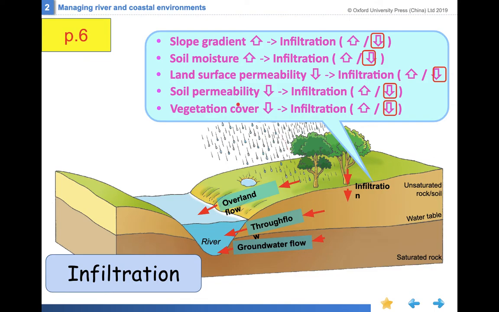If there is less vegetation cover, there is a very smooth surface on the land, and the water will flow very quickly back to the river. So if the vegetation cover decreases, the infiltration rate will also decrease.